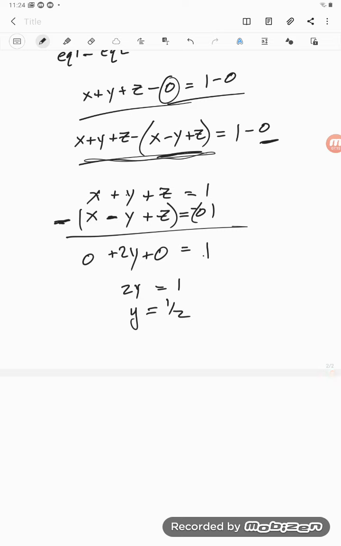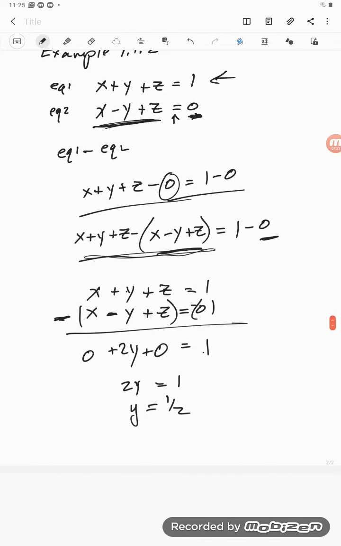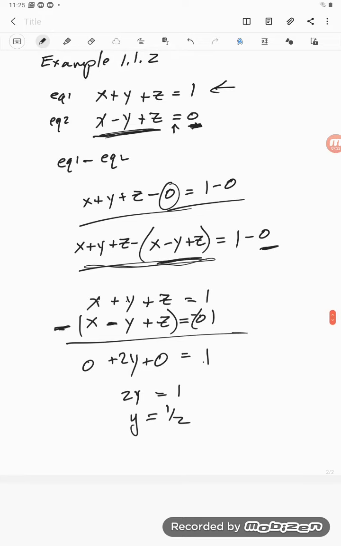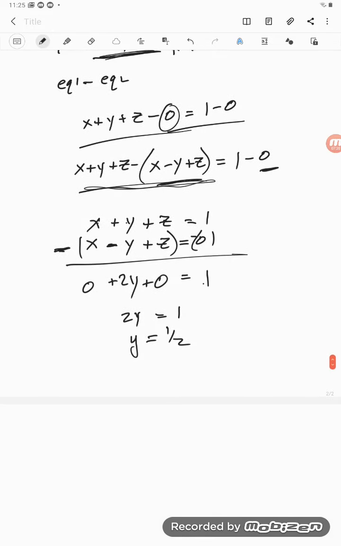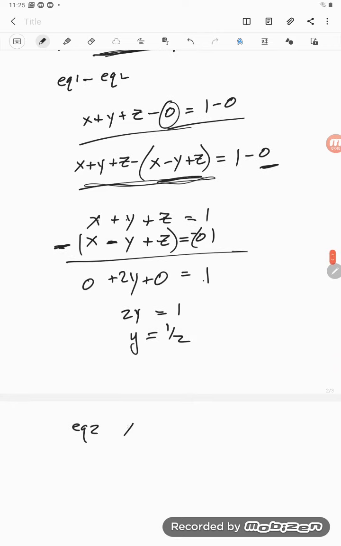Now, if I plug that back in somewhere into any of my equivalent equations, so for instance, if I take equation 2 and I say, well, I have x minus y plus z is equal to 0, well, then that would say that x minus 1/2 plus z is equal to 0.